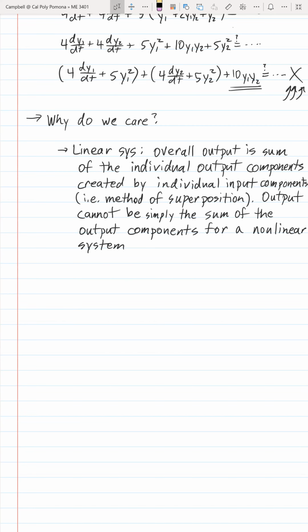And that will be the output for the more complicated signal that was a sum of those individual, simpler input signals.